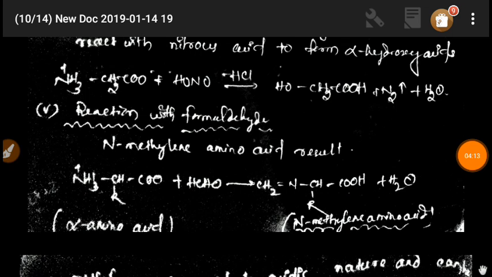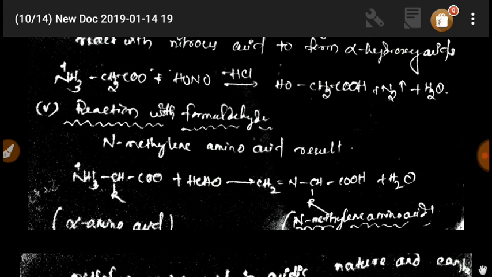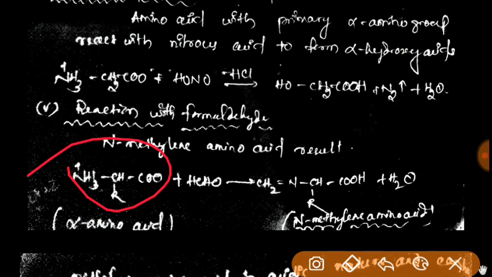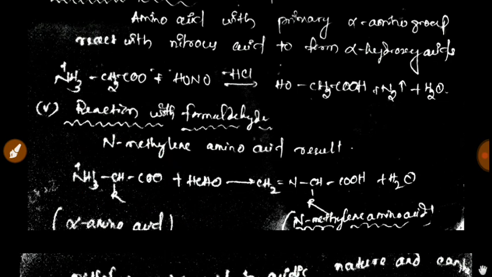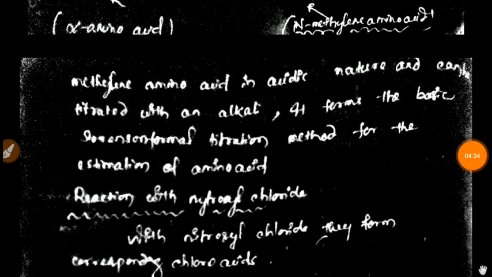Next, reaction with formaldehyde. We have to react the amino acid with formaldehyde, for which an N-methylene amino acid will result. Next, I will come to reaction with nitrosyl chloride.